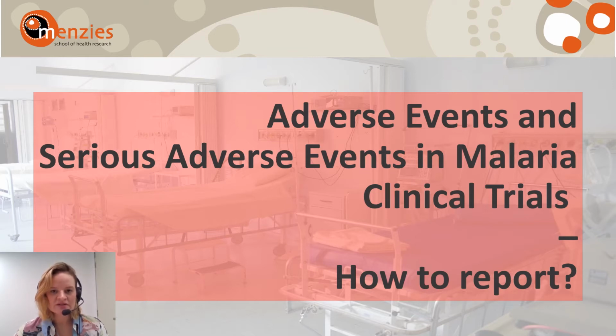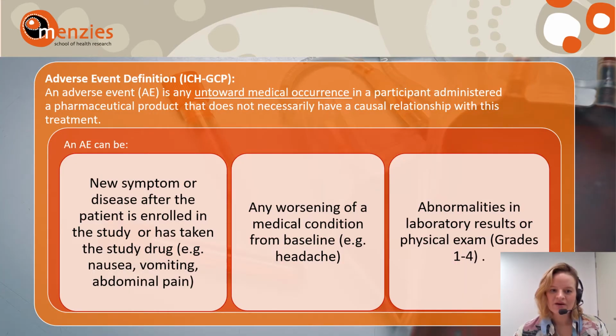The sponsor and the Independent Data Safety Monitoring Board will monitor adverse events and recommend changes in the protocol or operation of the study if necessary. According to good clinical practice, an adverse event is any untoward medical occurrence in a patient administered a pharmaceutical product and that does not necessarily have a causal relationship with this treatment.